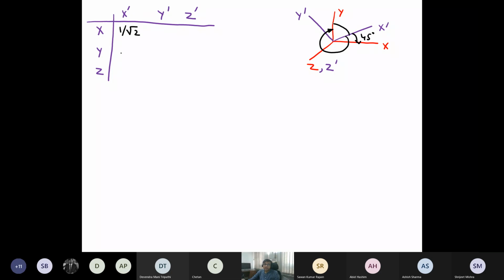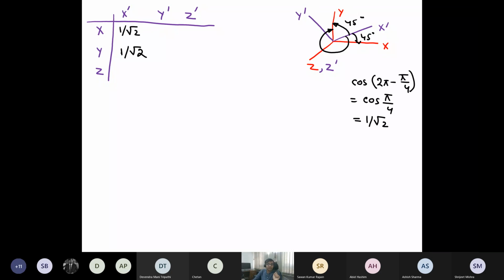I know this angle is 45 degrees because x and y are at a 90-degree angle. So this is cos of 2 pi minus pi by 4, which is equal to cos of pi by 4, which is equal to 1 by root 2. So the cosine of the angle between x prime and y is also 1 by root 2.